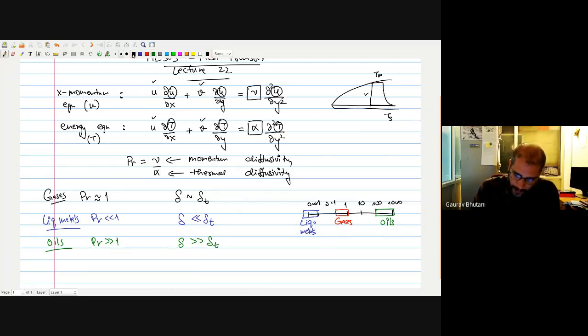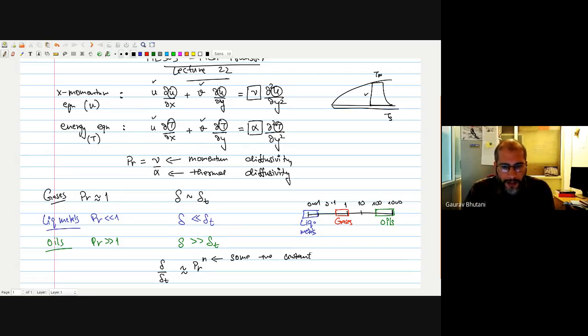So effectively what we see is that the ratio of my momentum boundary layer to my thermal boundary layer is growing like Prandtl number. In fact, it's typically modeled as Prandtl number to the power of n, where this n is some positive constant.